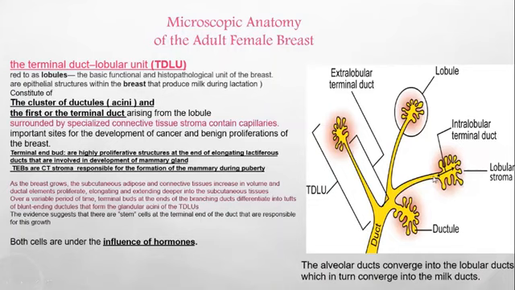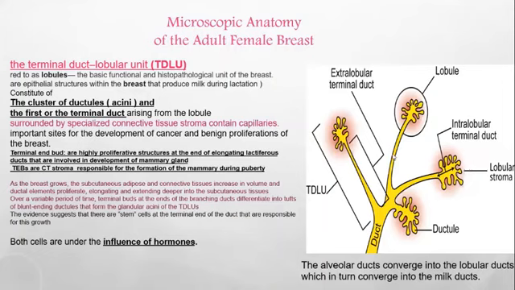The proximal extralobular terminal ducts, along with the lobule together, form what is called the terminal duct lobular unit, which is influenced by hormones, as we mentioned, and is the important site for breast proliferations and benign as well as malignant breast diseases.